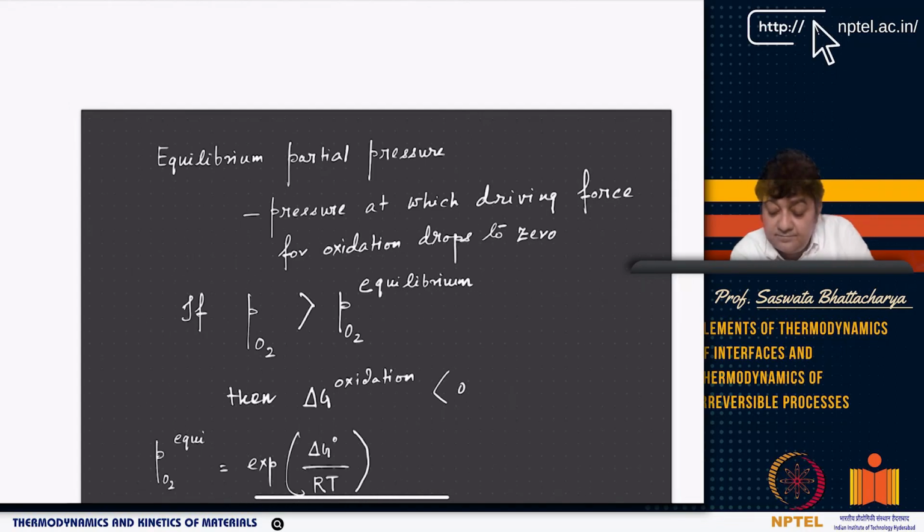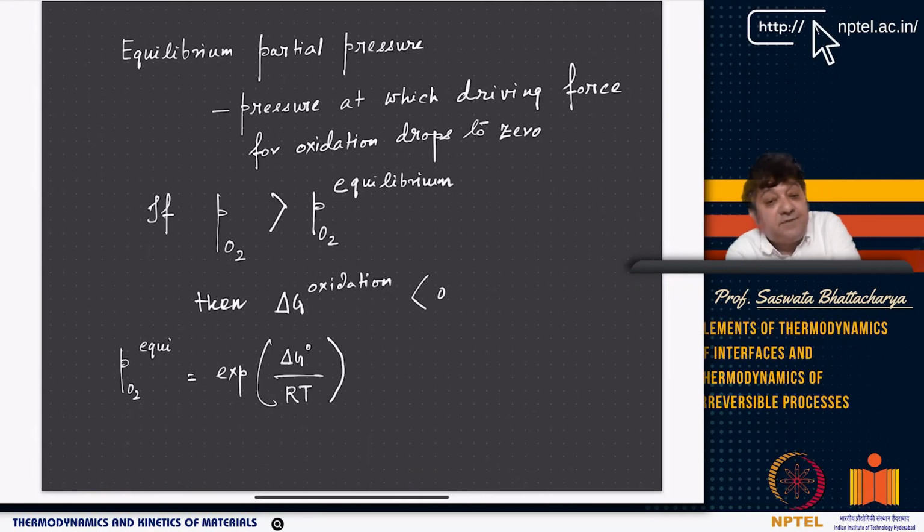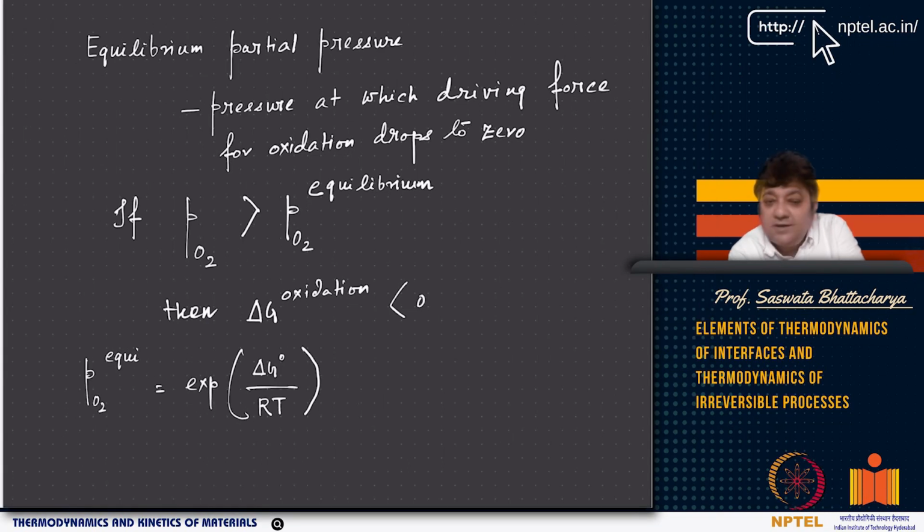If the partial pressure of oxygen is greater than the partial pressure of oxygen at equilibrium, there is no problem, and the oxidation proceeds. But if PO2 is less than PO2 equilibrium, that means it falls below, and this is a particular problem at higher temperature. At higher temperature, for example, PO2 may be less than PO2 equilibrium.